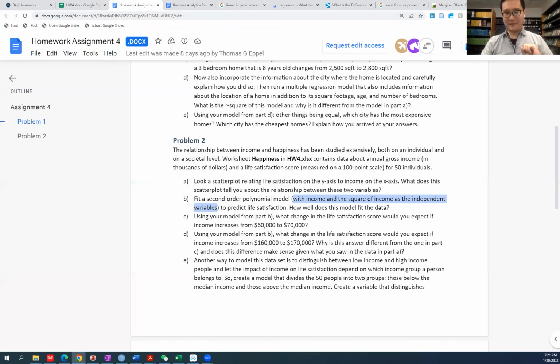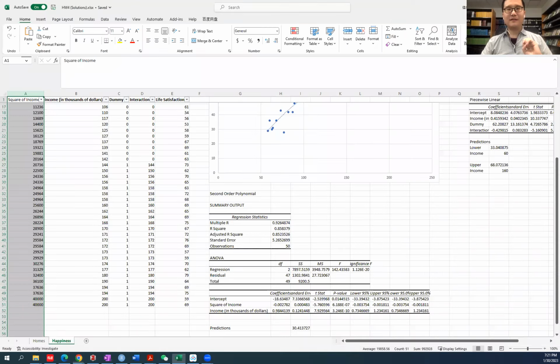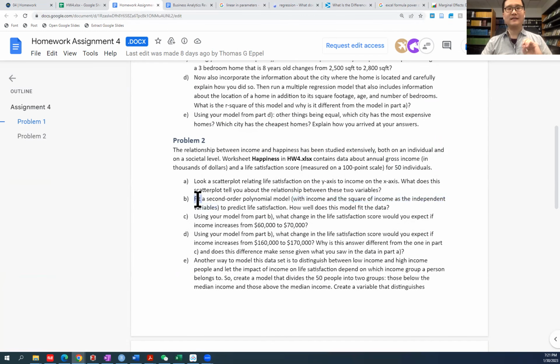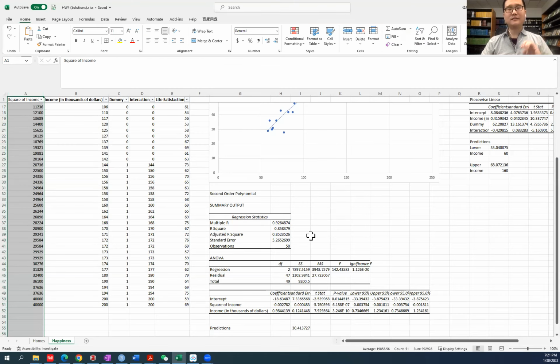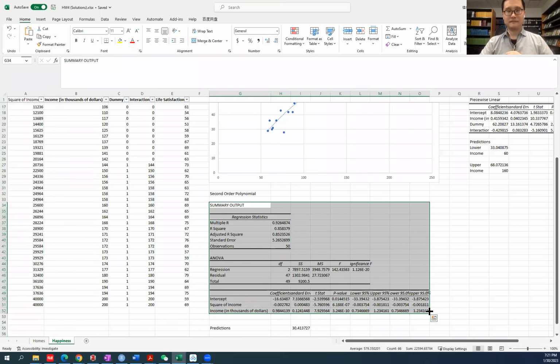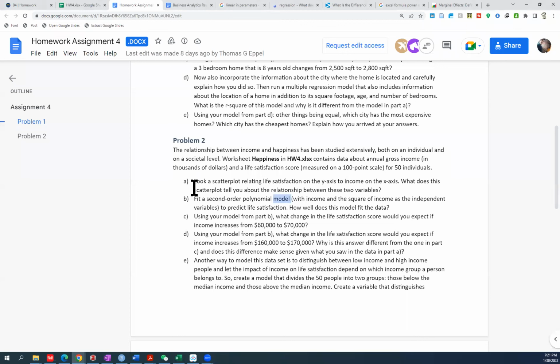Oh, I see. So here, when it says to fit a model, it means we need to use the regression function in Excel to generate a summary output like this. So it's not a scatter plot? No, the scatter plot was done in part A. Oh, okay. That would make sense.